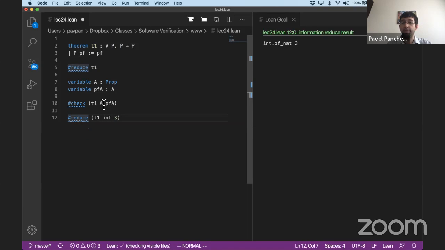And in fact, if you ask, that returns the integer 3, and this returns that proof of A. So what I've done here, I've written down a simple theorem and a proof of that theorem in Lean syntax, as we saw in the demo last time. And then I've shown you how Lean can simultaneously think of that either as a theorem that applies to propositions and their proofs, or as a function that applies to types and their values.